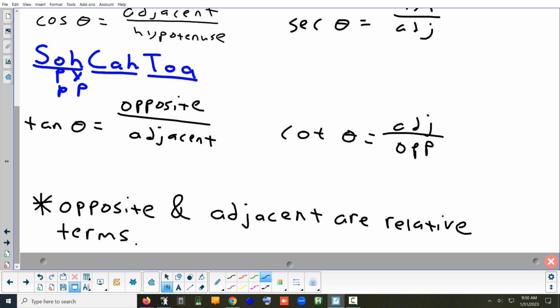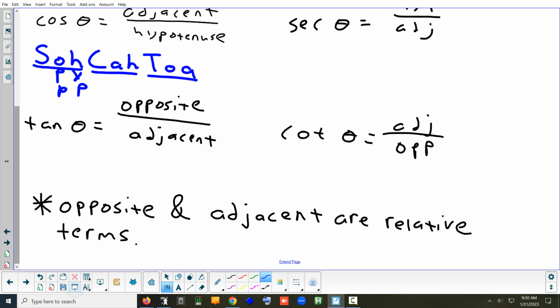So hypotenuse, that's the easy one, right? The hypotenuse is always the side that's across from the 90. But the opposite and the adjacent don't have a fixed place. Opposite and adjacent are what we call relative. It's kind of like if I said left and right. My left is towards the door, my right is towards the windows.